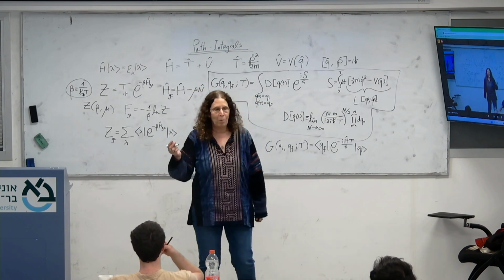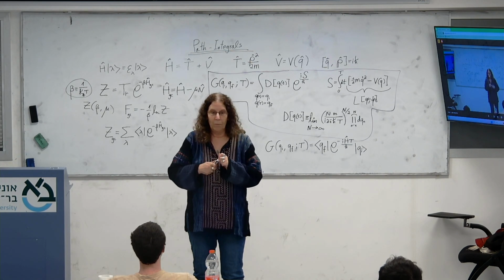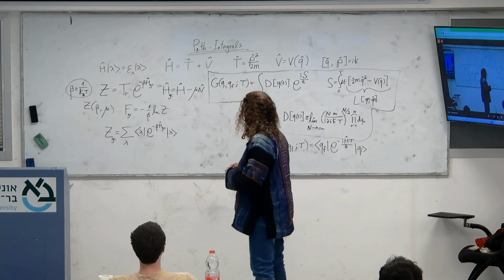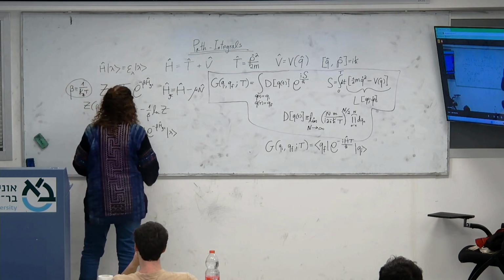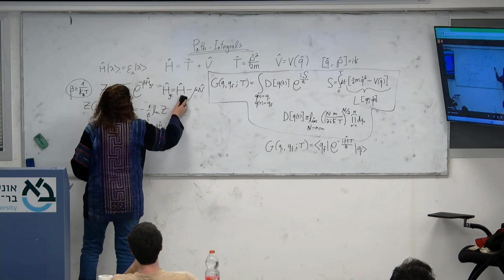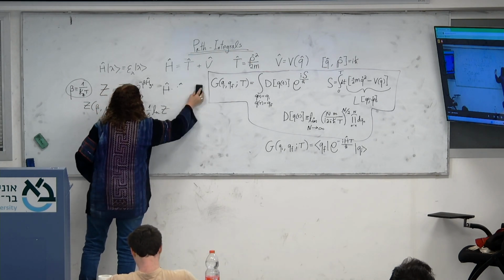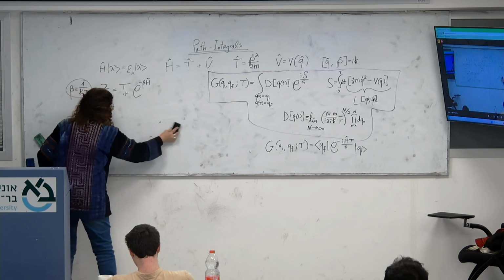We have only one particle, so it's not a constant. So let's just look at the canonical partition function, if you like.